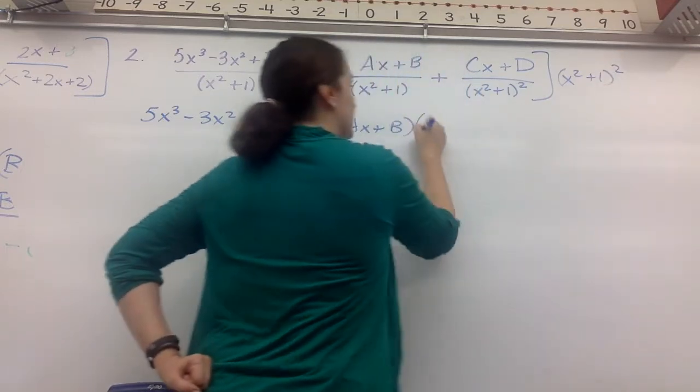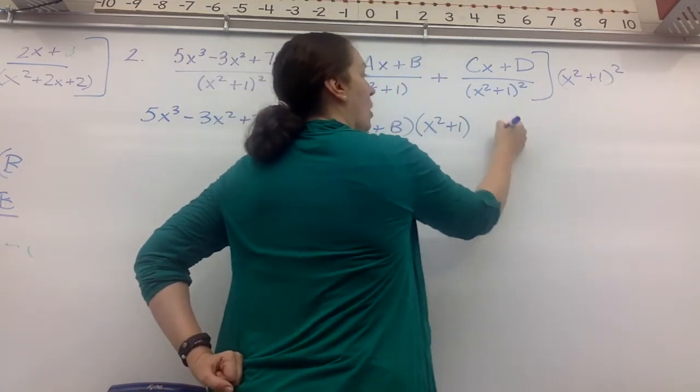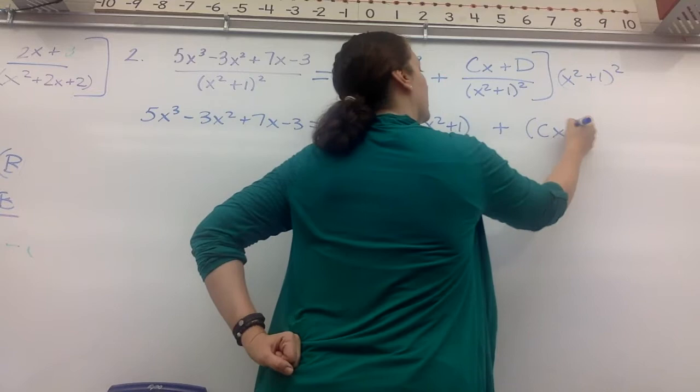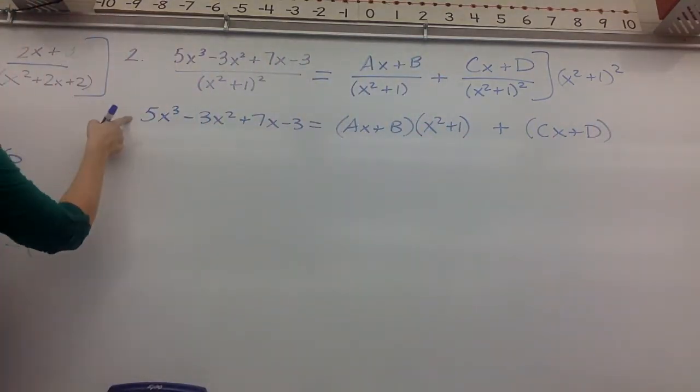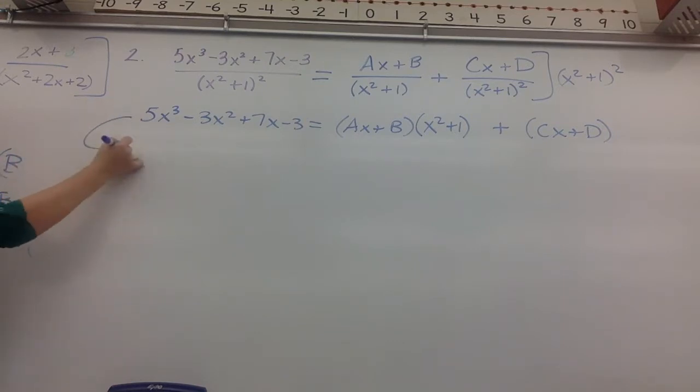It's just missing an x squared plus 1. What's the cx plus d missing? Nothing. I want you to take this line of work here and multiply it out. And you're going to have to use the linear combination method for all 4 variables.